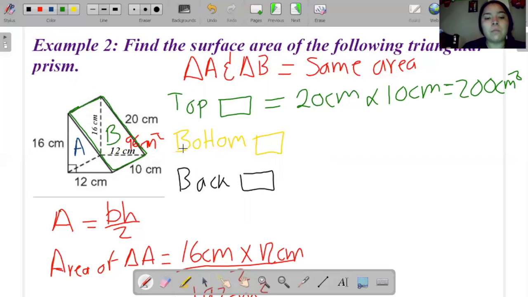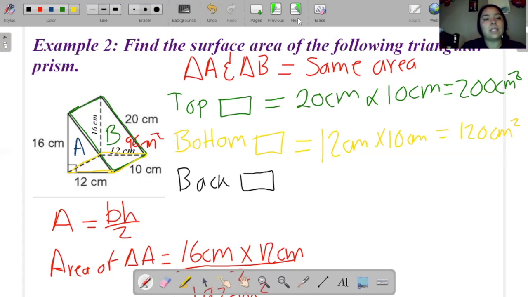So now let's do the bottom face. So the bottom rectangle, it will be this one here, right? So this one has a length of 12 centimeters times 10 centimeters. So that's equal to 120 centimeters square.